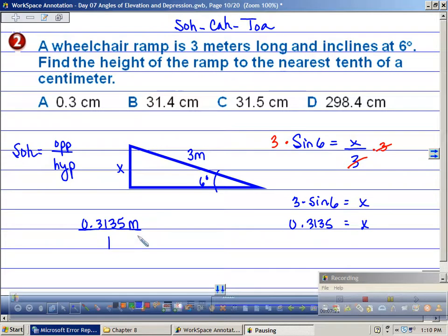If I want to change from meters to something else, what am I trying to get rid of? I'm trying to get rid of the meters. When I try and get rid of something, what do I normally do when I'm using fractions? I put meters in the bottom because I want to cancel it out. So I say to myself, how many centimeters are in 1 meter?